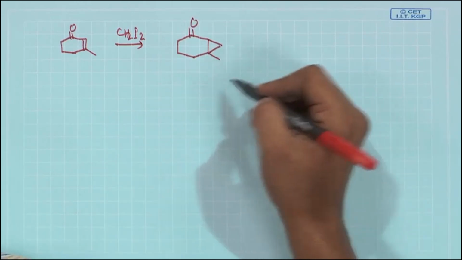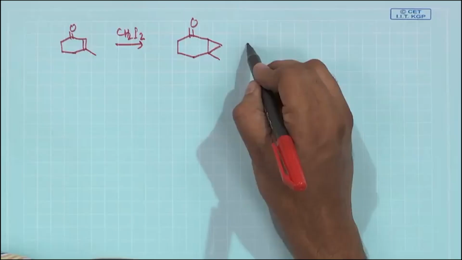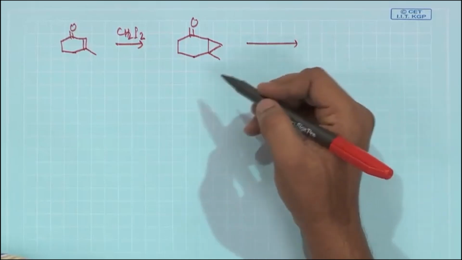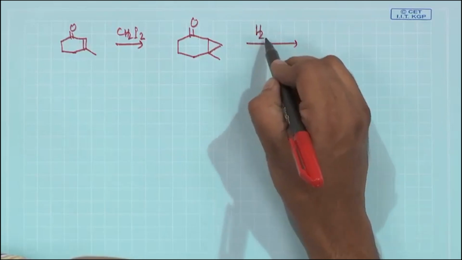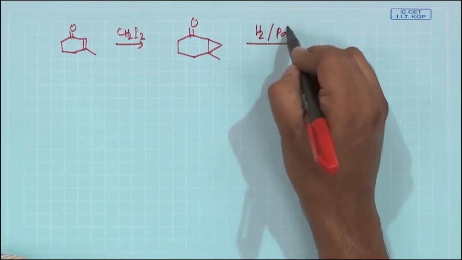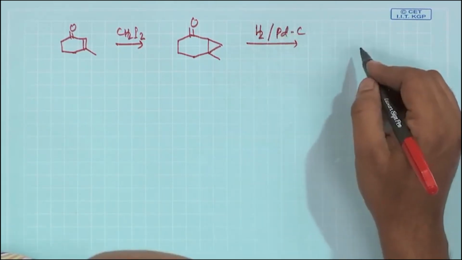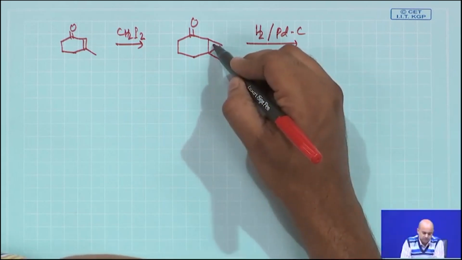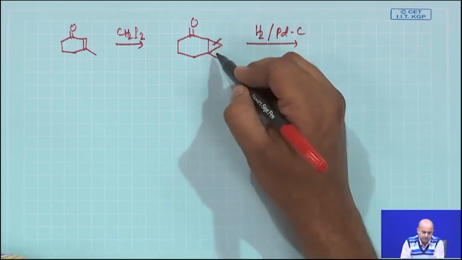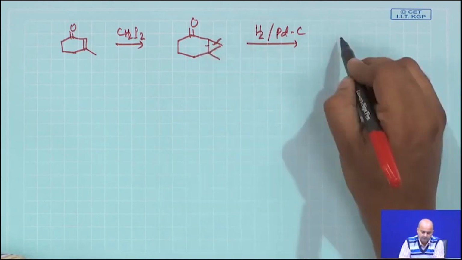now the cyclopropanes are absolutely strained molecules, and they often behave like more of pi, more of olefinic unsaturation. In principle, you can basically clip this compound with hydrogen palladium charcoal. Now, palladium charcoal, what will it give? It can clip here as well as it can clip here.